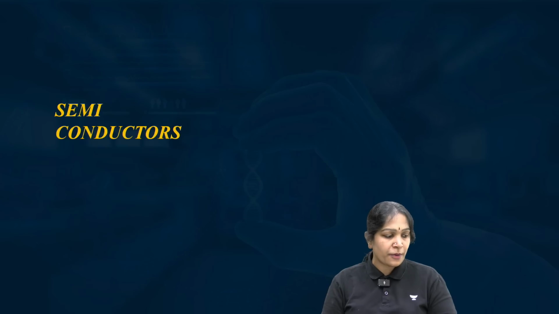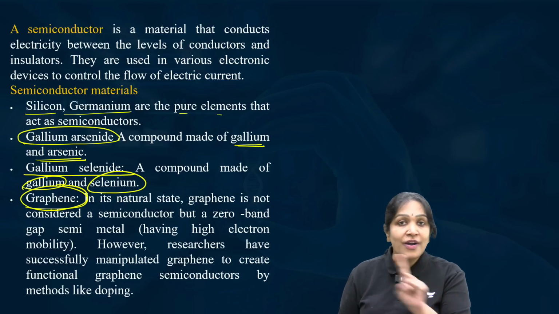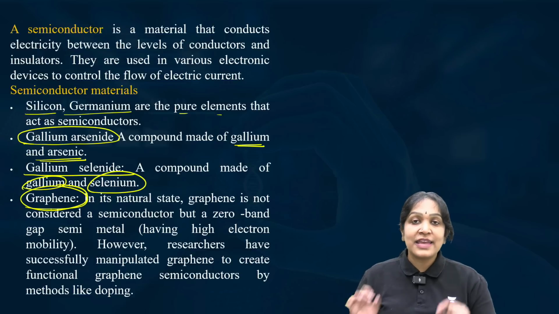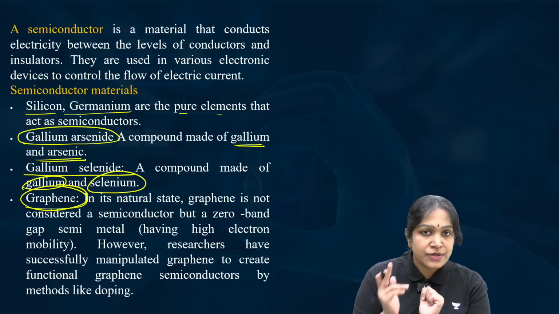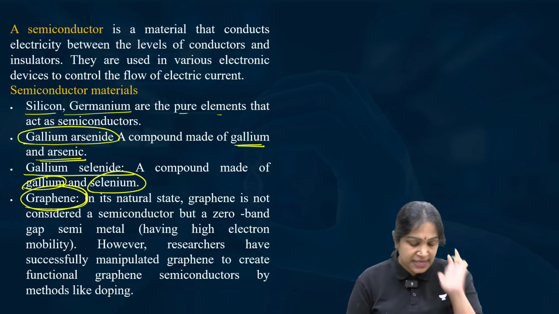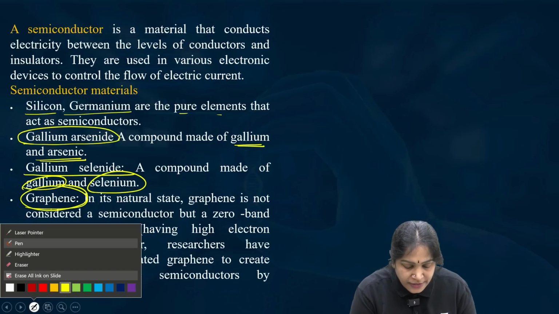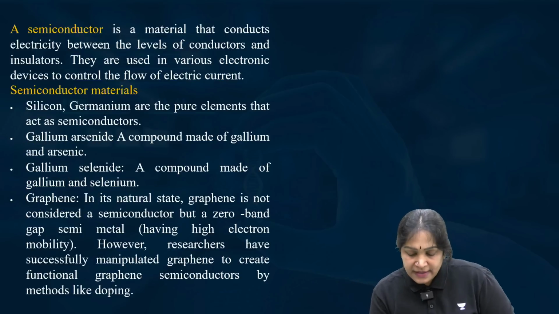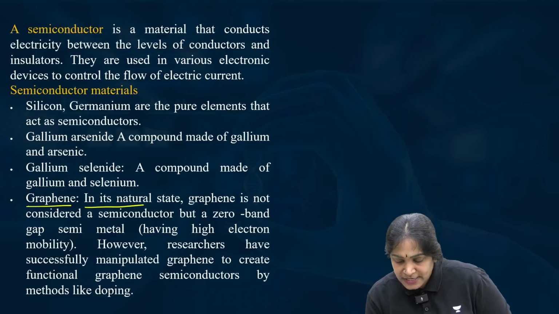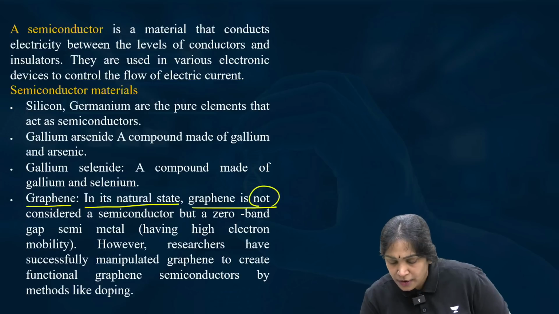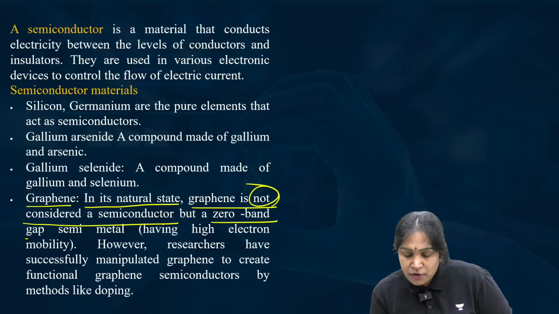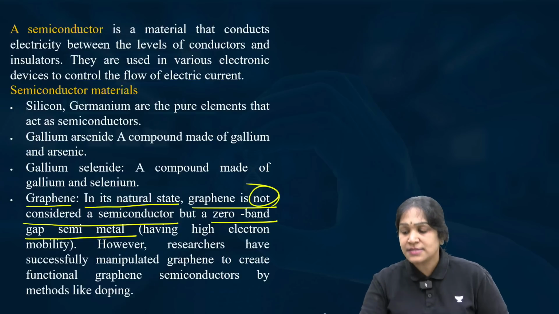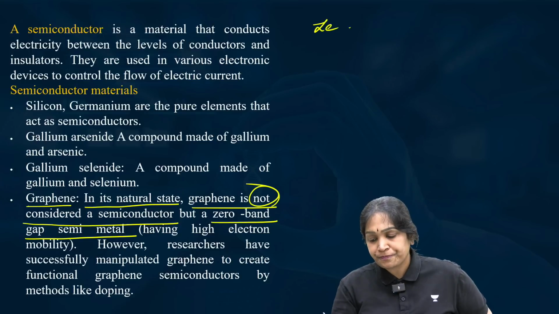But the important point is, graphene is not a semiconductor in its natural form. Then what is it? In its natural state, graphene is not considered a semiconductor, but it is a zero band gap semi-metal.